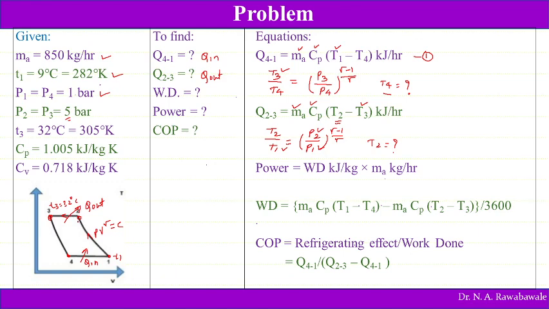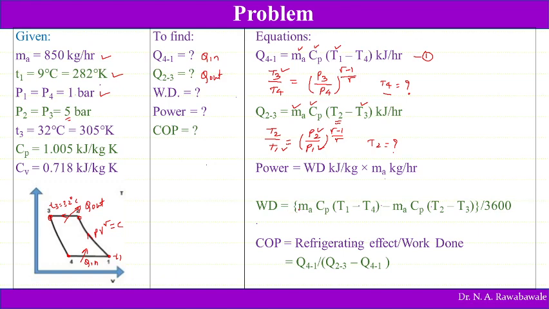Q out minus Q in gives us work done in kilojoules per kg. So here power is equal to work done in kilojoules per kg into MA kg per hour. So this gives us power. So work done in kilojoules per second we can find out.